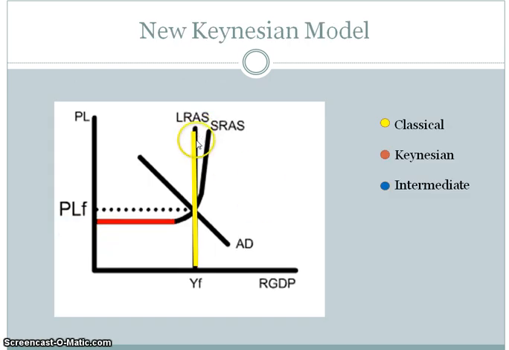Another difference from the classical model, which had flexible wages and prices and Say's law that supply creates its own demand, was that Keynes said not only were there sticky wages and prices, and that demand creates its supply, but he felt that savings and consumption were a function of disposable income.